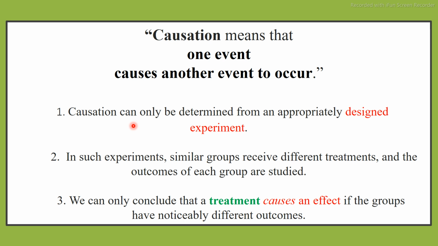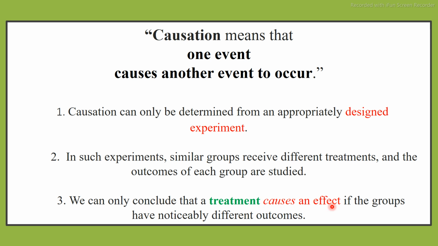Causation can only be determined from something called experimental design. As I already told you, in market research, people work on this experimental design: how one variable has an effect on another, how one variable is causing the other to happen. There you bring in an external variable, called a stimulus, so we can conclude that the treatment causes an effect.